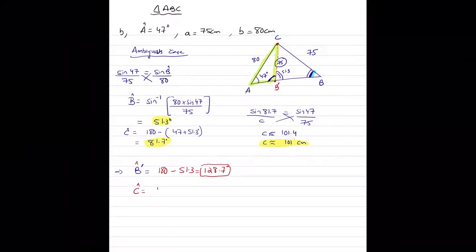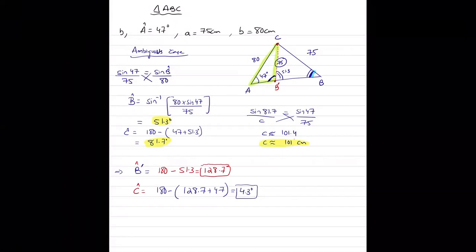That is just going to be 180 minus the sum of 128.7 plus 47. What do you get? 4.3. So that's 4.3 degrees.